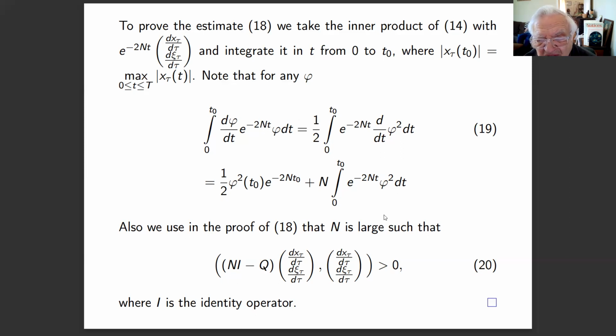So this is formula 19, explaining how we do integration by parts. Also, we will use that n is large enough such that nI minus Q gives positive inner products, where I is the identity operator.